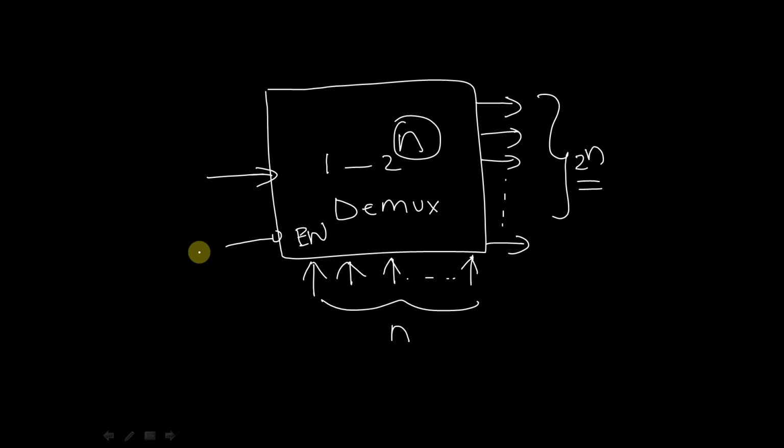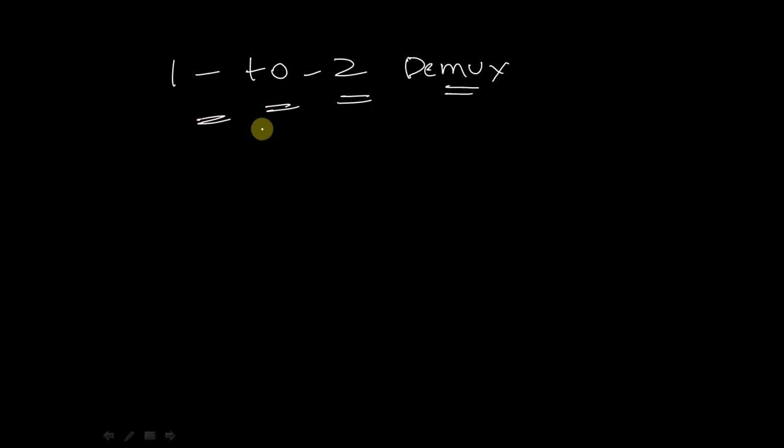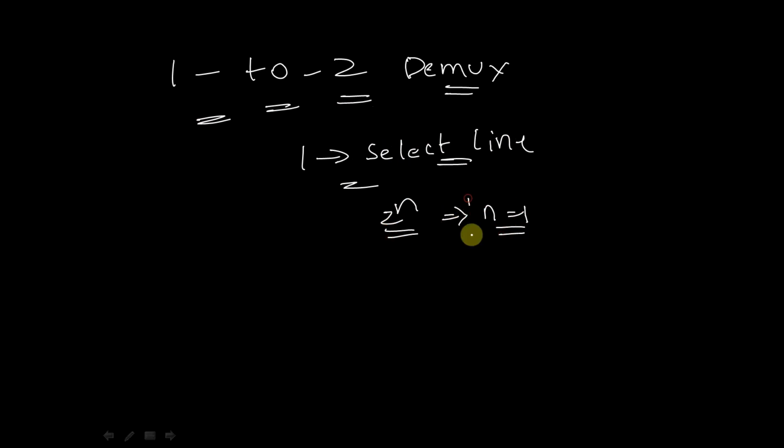Now let us see an example of a 1 to 2 demultiplexer. A 1 to 2 demux has only one select line. For determining the number of outputs you can use the formula 2 power n, where in this case n is equal to 1.